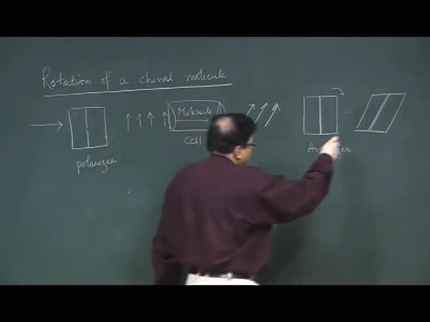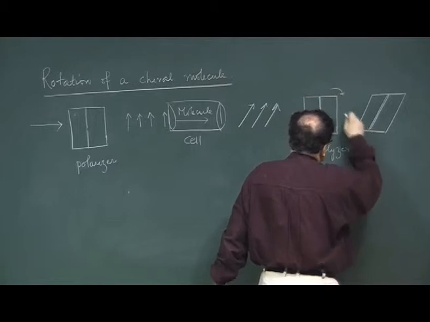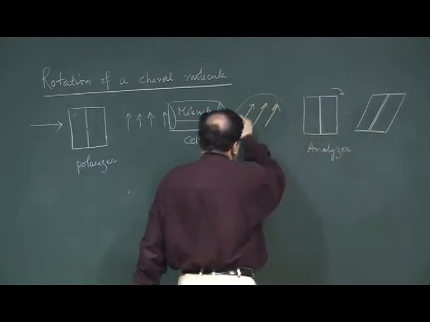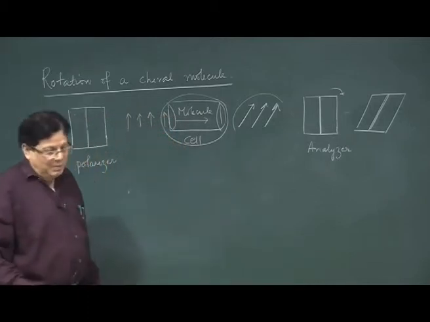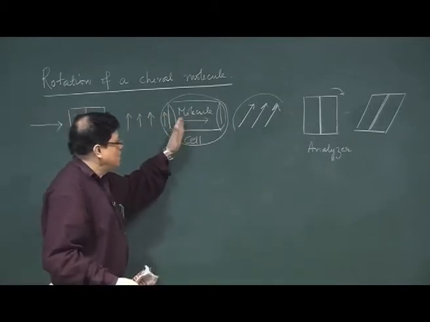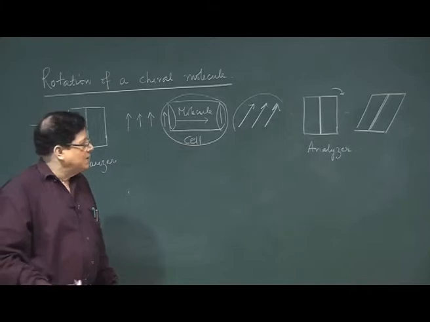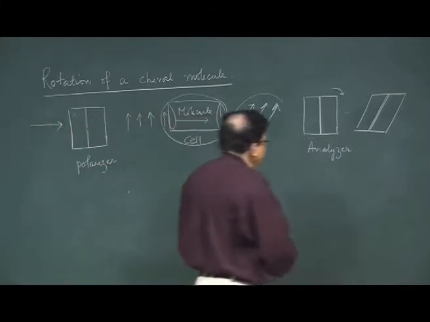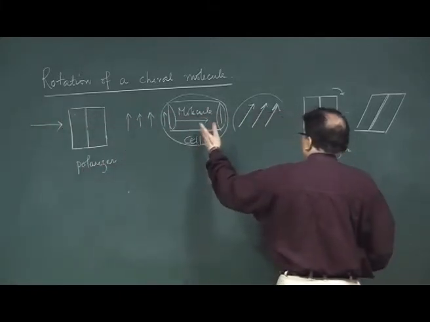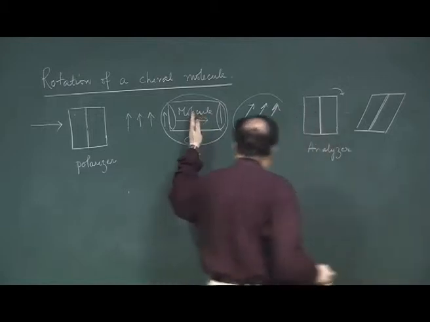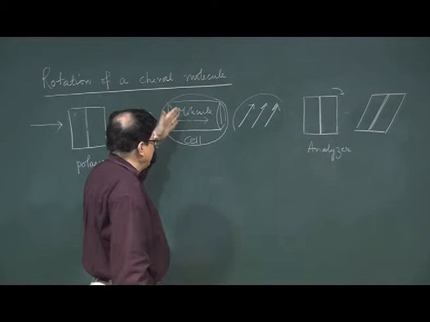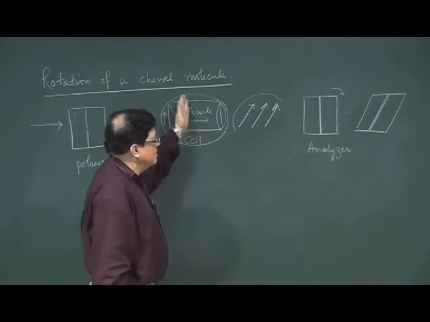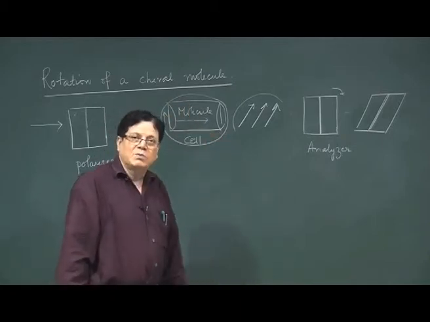So, how much you rotate gives you the amount of rotation that these molecules have done to the plane of plane polarized light. So this is one way to know whether the molecule is chiral first of all, and then how much rotation it is introducing into the plane of plane polarized light.